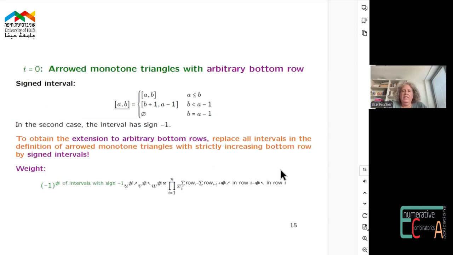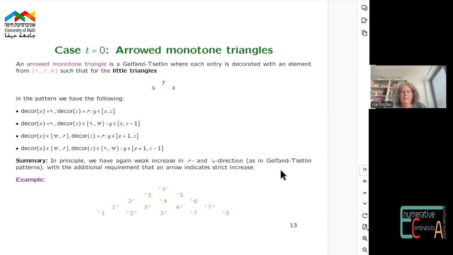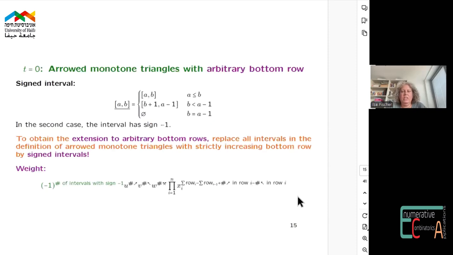But for that, I first need to generalize what I've just shown you. So in the example that I've shown you, the bottom row of the monotone triangle is always strictly increasing. One can generalize this as follows. You involve signed intervals. So here I define signed intervals.